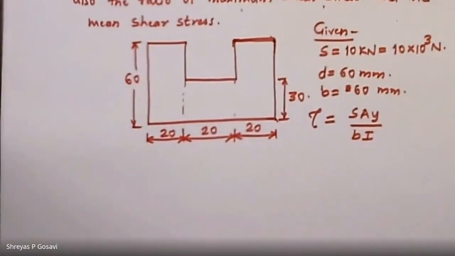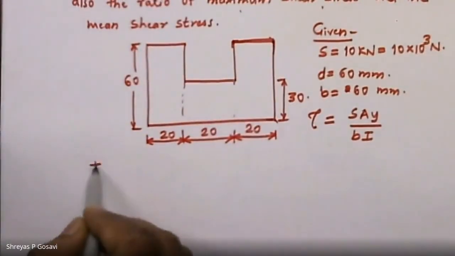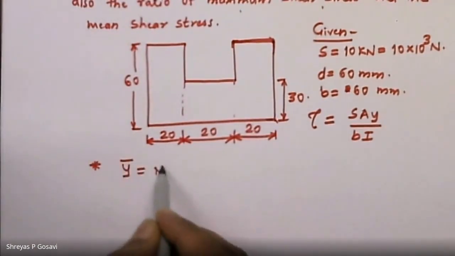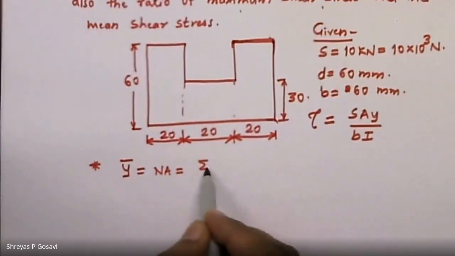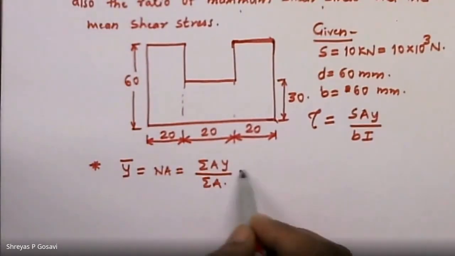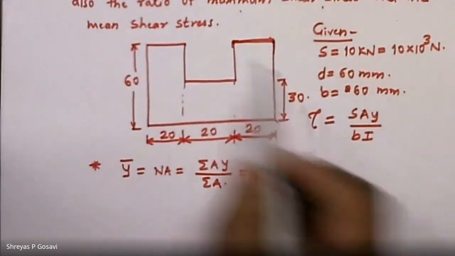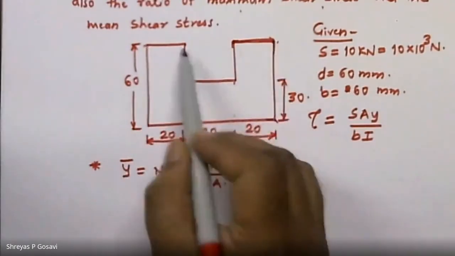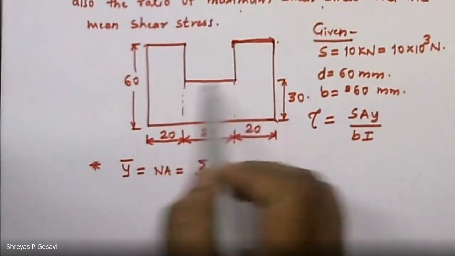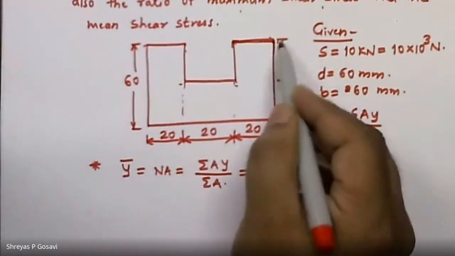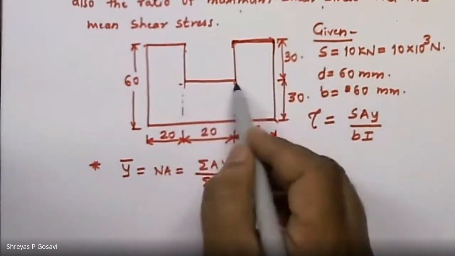So let us start the computation. First of all, we'll find out the location of the neutral axis. That is Y bar is equal to neutral axis is equal to summation of AY upon summation of A. Now what we can do is consider the outer section as an entire one, and we'll subtract this rectangular slot with dimensions 30 millimeters by 20 millimeters.